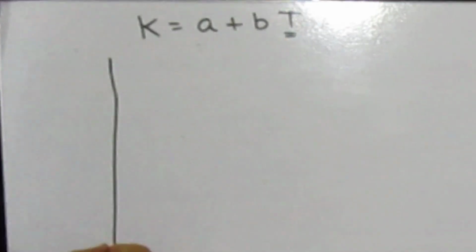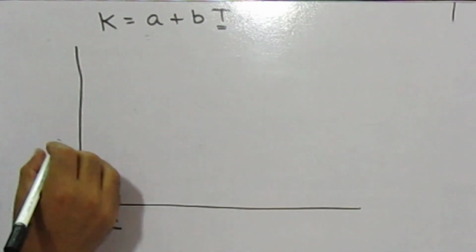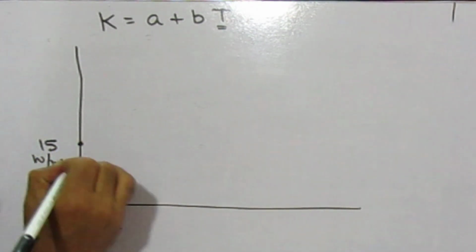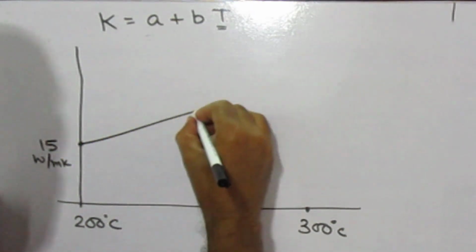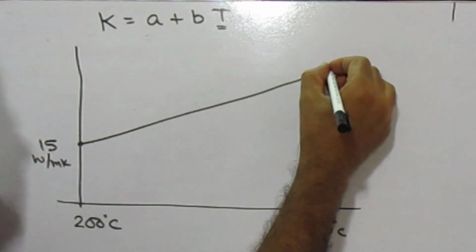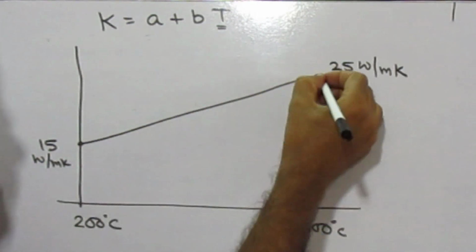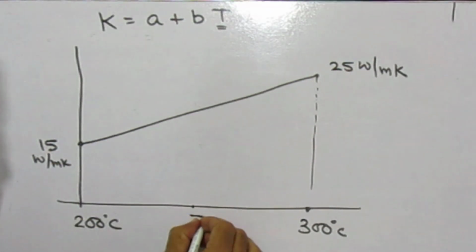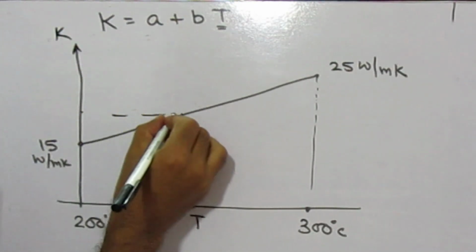Now at 200 degrees centigrade, the thermal conductivity is 15 watt per meter Kelvin, and at 300 degrees centigrade the thermal conductivity is 25 watt per meter Kelvin, which is increased linearly. And at temperature T, the thermal conductivity is K.